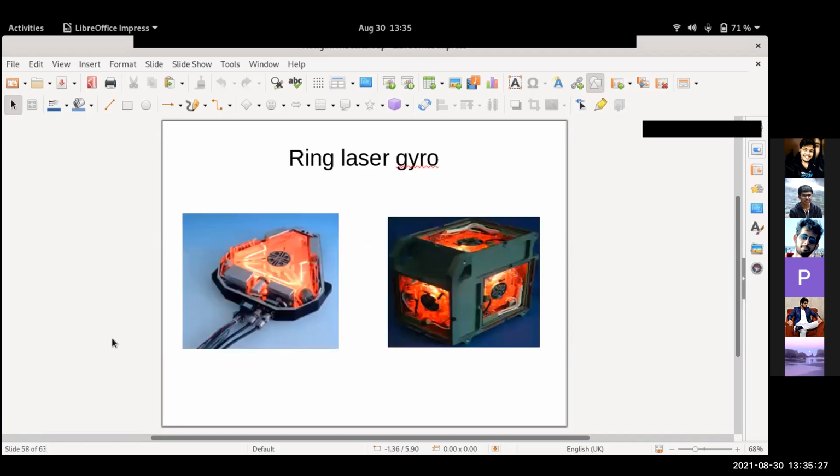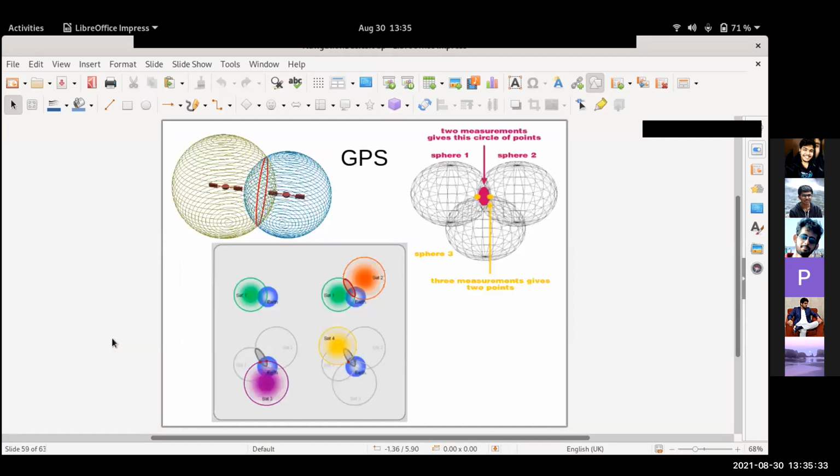Okay, so then we come to something called GPS, which we have been using, or we should say GNSS, Global Navigation Satellite System. GPS is one implementation of this system.